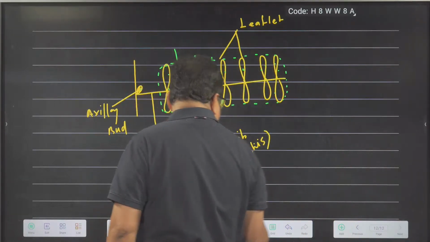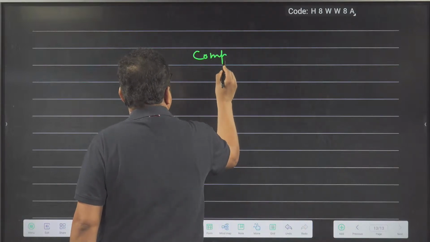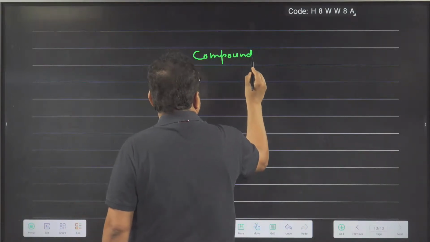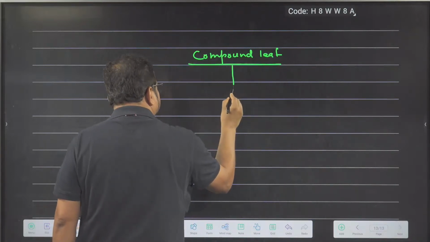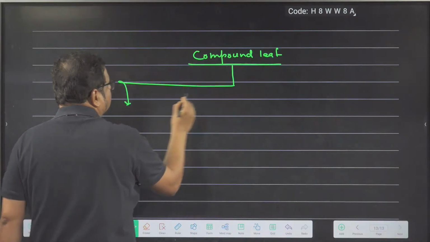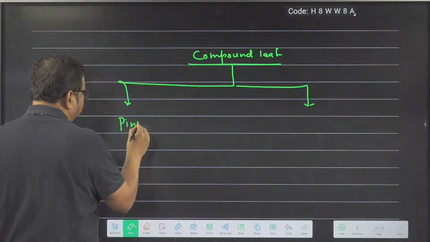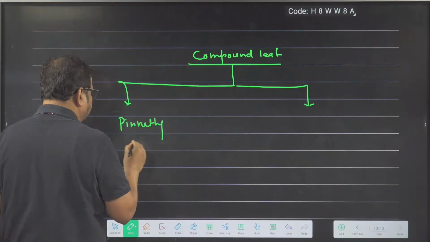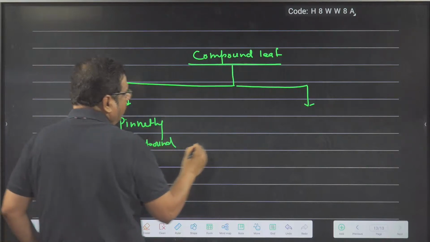So compound leaf is of two types. One is pinnately compound and another one is palmately compound.